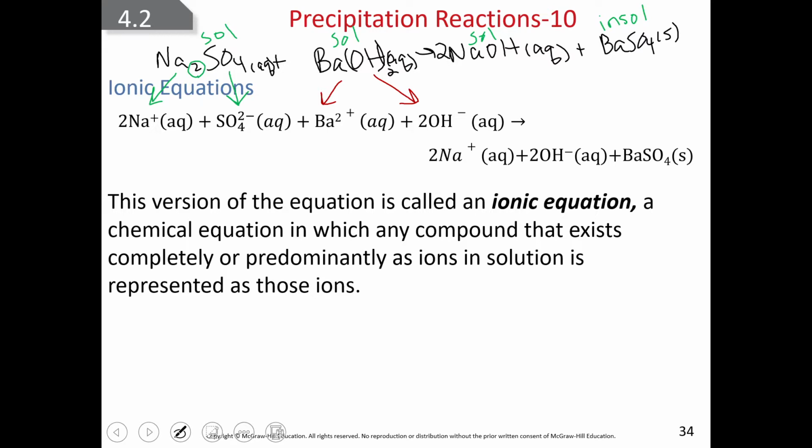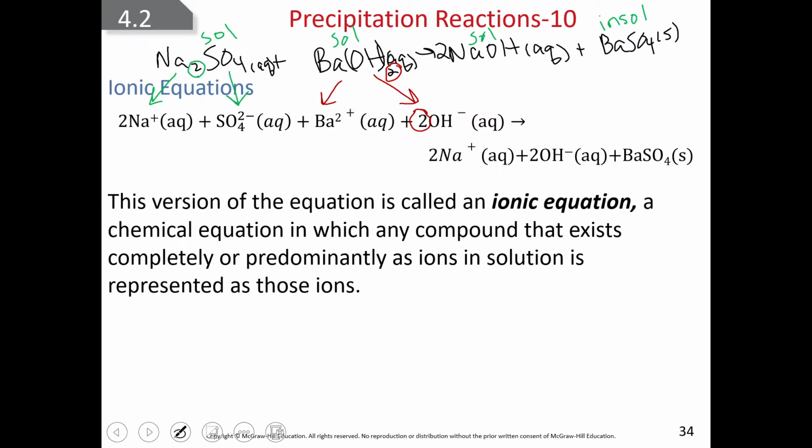Now, we have to say, okay, barium is a 2 plus charge. There is no coefficient in front of barium hydroxide. So we just write Ba2 plus because, again, barium is a 2 plus charged cation. And the hydroxide is an OH minus. That's its charge. And I have to put 2 because there are 2 of them present.